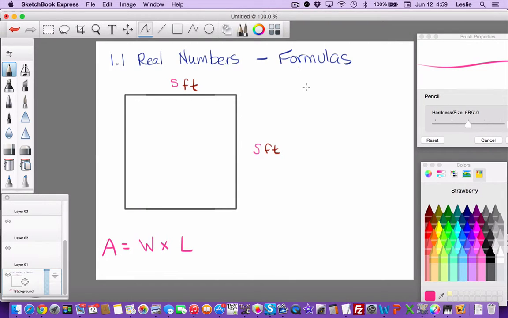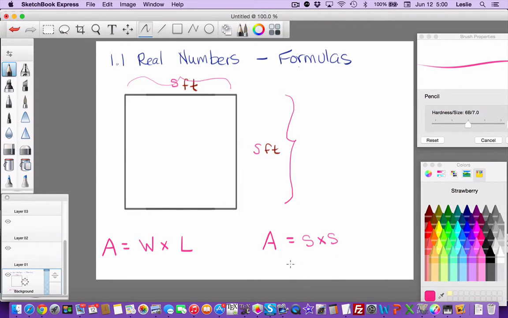If this is S feet by S feet, then presumably I could cut this square up into S even columns. The problem is, I don't know what S is. But if I could, I would have S rows, and in each row, I would have S squares. So for a square, the formula for the area is S times S.